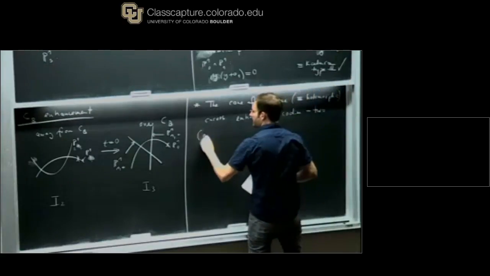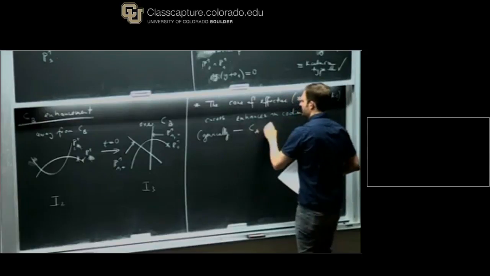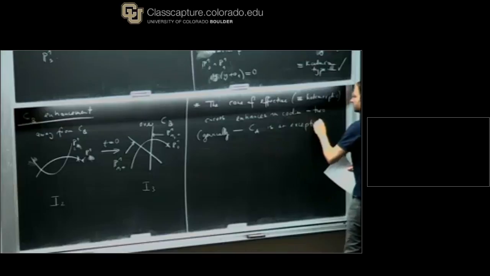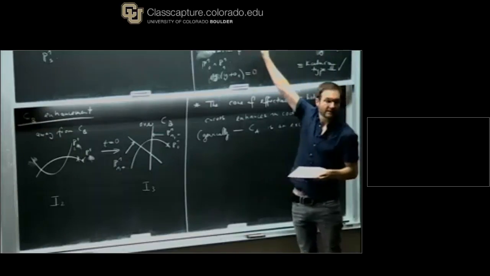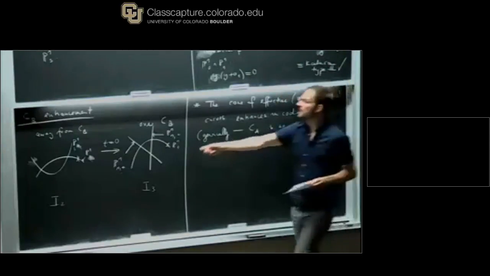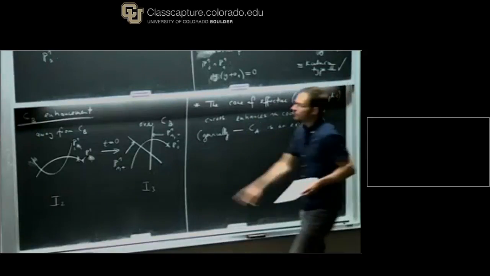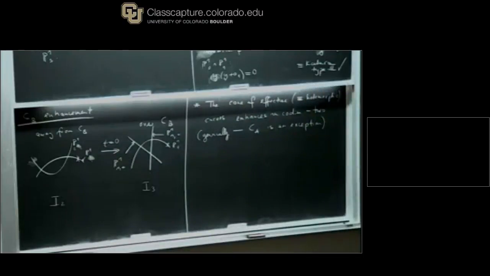This is true generically. CA is an exception. In CA, all that happens is that the intersection points degenerate, but this is the much more frequent behavior. In fact, this is what usually happens, that one or several of those curves will split as we approach that special locus.